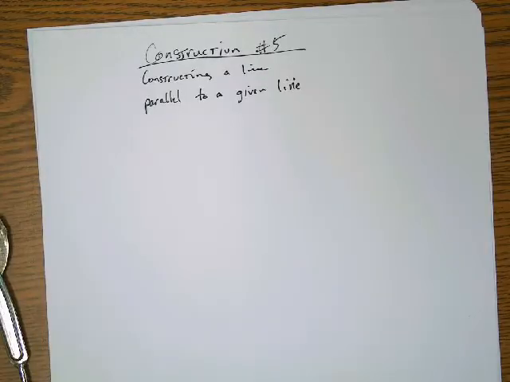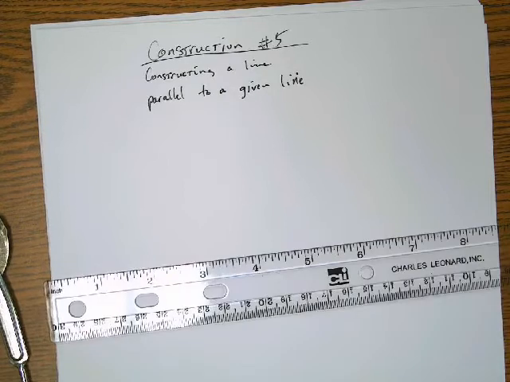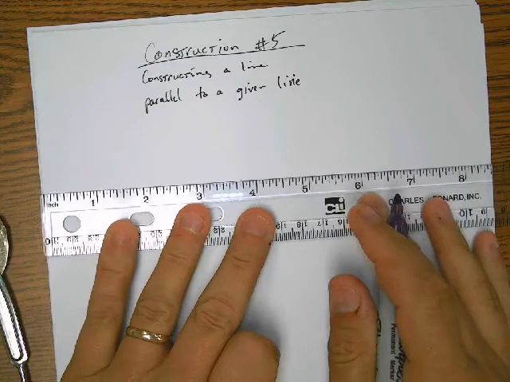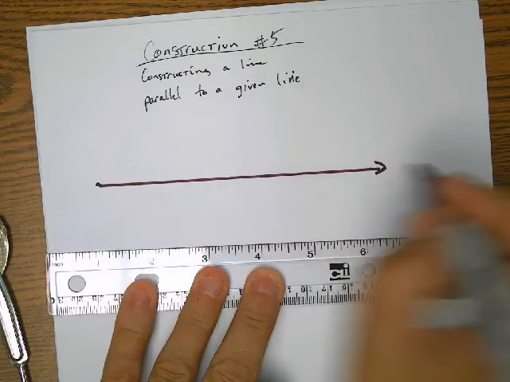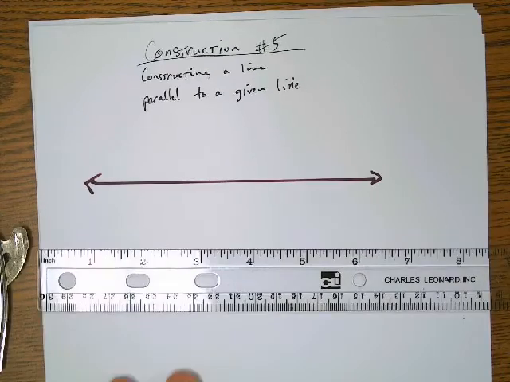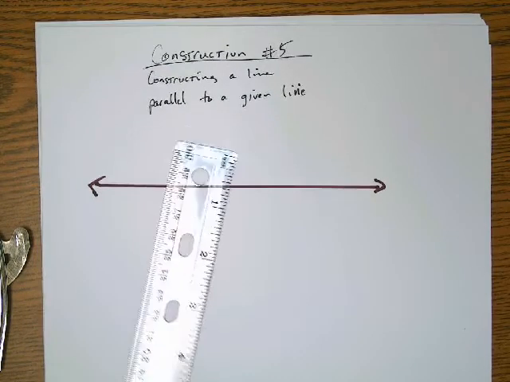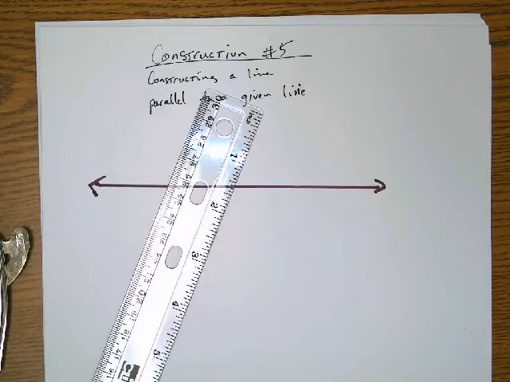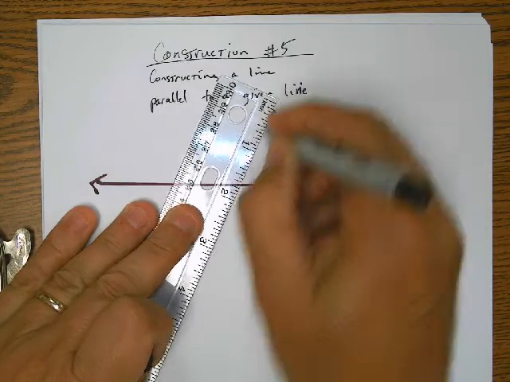Okay, so back to our construction. All right, so starting off with, we're going to put a line at any angle. I'll try and make it horizontal. There we got a line right there. Next, I'll use my straight edge and just give myself any angle. Does not matter the angle measure.